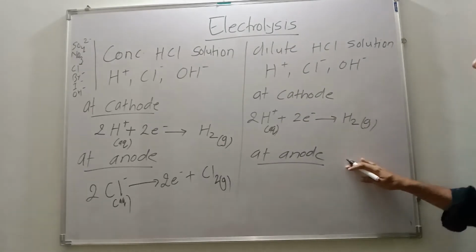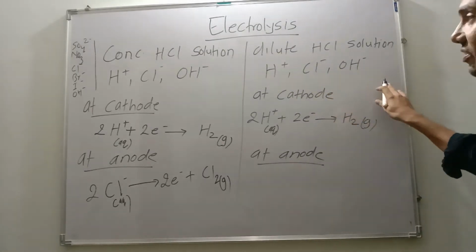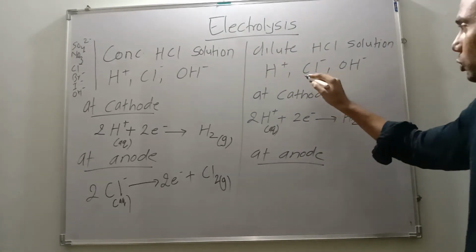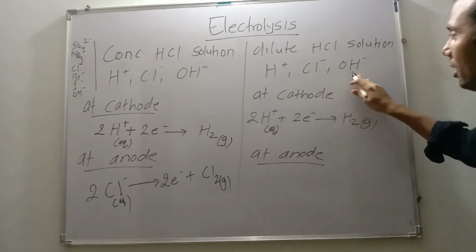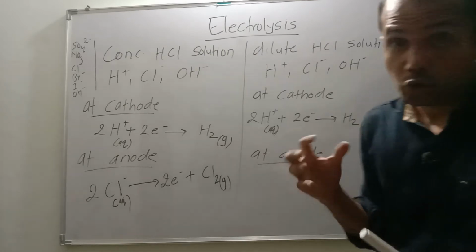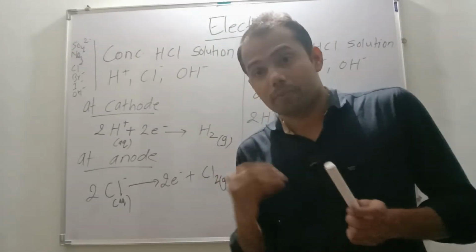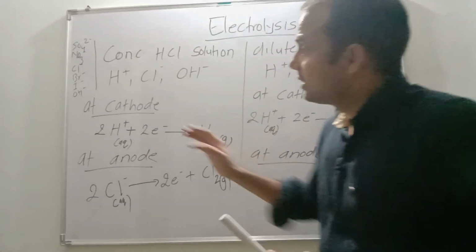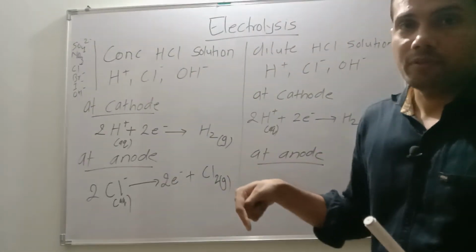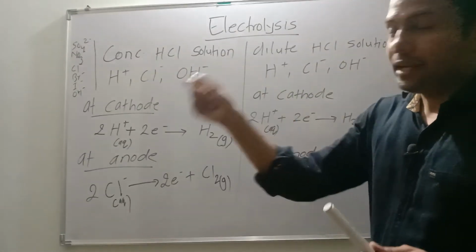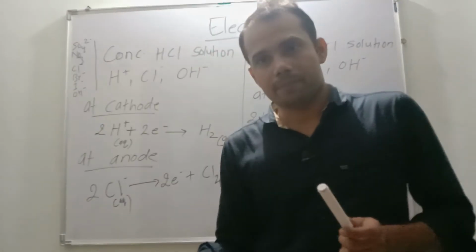Look at this one. This is the dilute hydrochloric acid. Here we have again two anions, Cl minus and OH minus, but this is a dilute solution. So in case of dilute solution, you look at this series. OH minus is at the bottom, so that anion is going to discharge first.